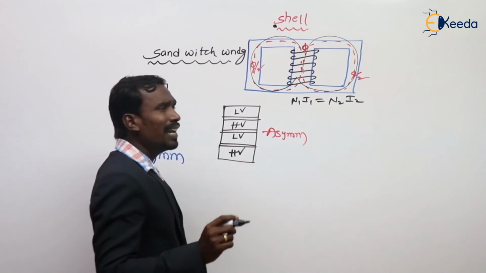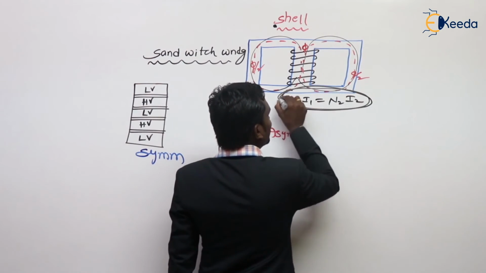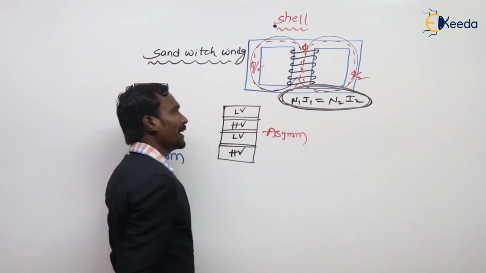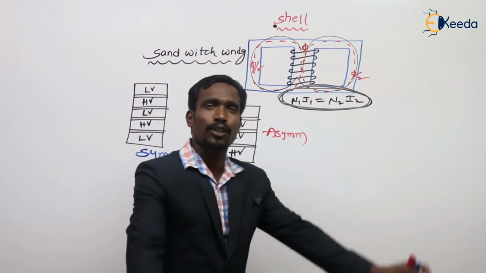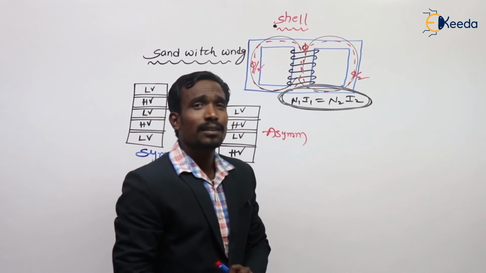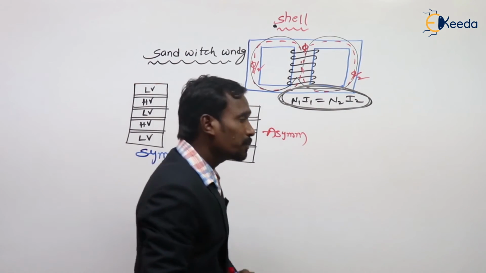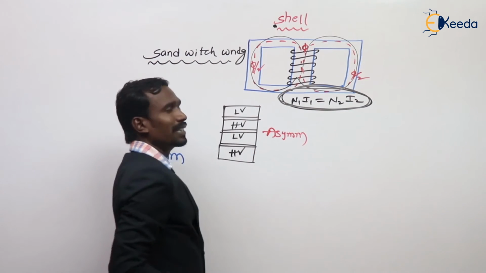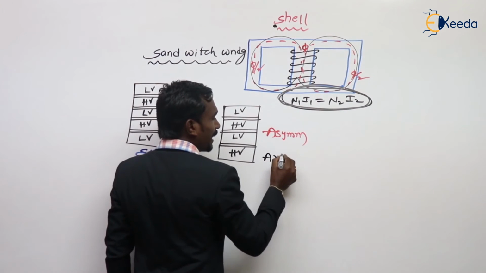Generally, at balanced condition, N1I1 is exactly equal to N2I2. When unbalance takes place, especially in asymmetrical winding, axial unbalance will take place.